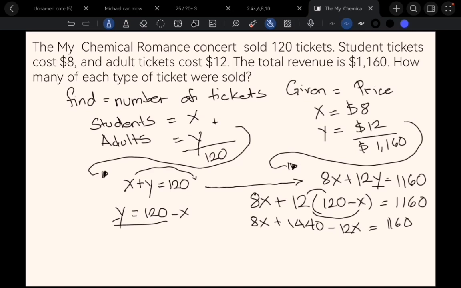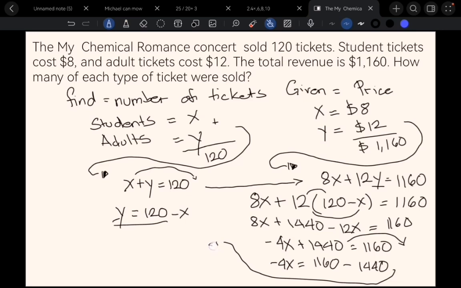Now, we need to combine 8x minus 12x. That would give us negative 4x plus 1,440 equals 1,160. Transpose 1,440, therefore changing the sign to negative. So negative 4x equals 1,160 minus 1,440.